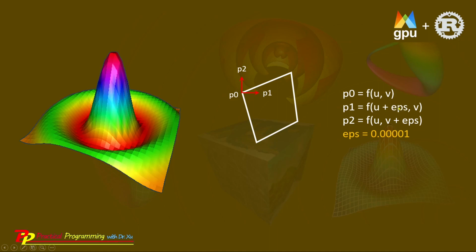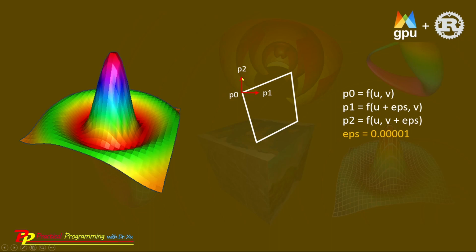EPS is epsilon, a very small amount, for example, 0.00001. So this is a very small movement along the u direction. So we get p1.